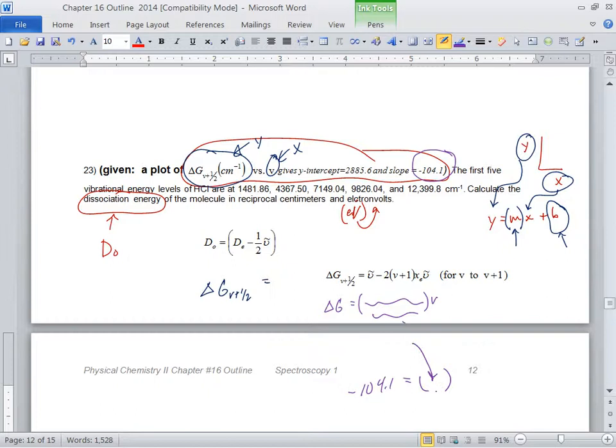I'm pretty sure either you're going to get, what are they after? Calculate the dissociation. We're after D0. So either you're going to get omega e or the wave number out of that. And then the other one, the y-intercept, when you rearrange this, it's going to be plus something.